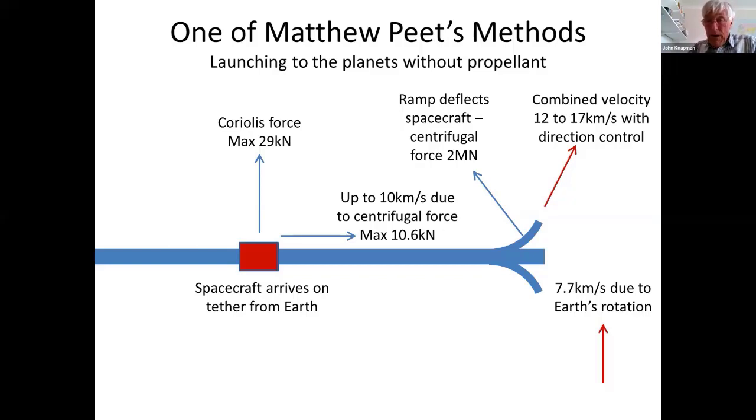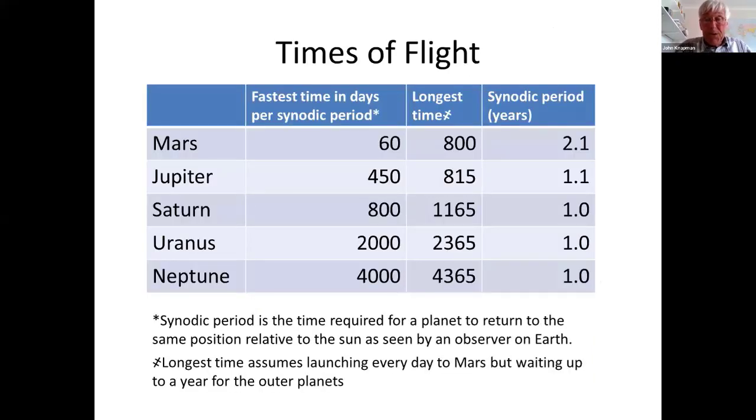You can get, therefore, velocities that combine the velocity due to the Earth's rotation, 7.7, with this 10 kilometers per second. So you've got, depending on the direction you choose, velocities between 12 and 17 kilometers per second. And that gives you some impressive times of flight. Minimum time to Mars, just 60 days. The longest time would be 800 days, which you'd only use if you wanted to launch every day.